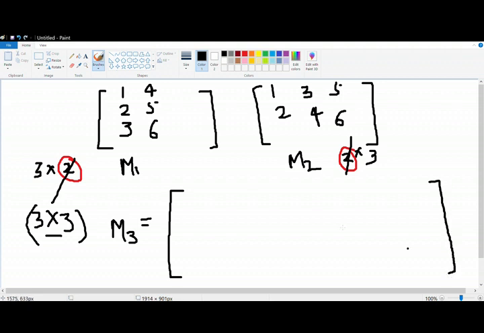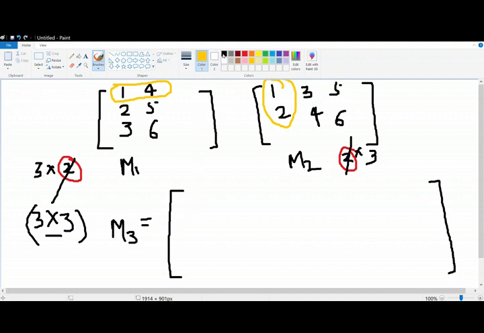The rows of the first matrix will be multiplied by the columns of the second. Suppose I want to calculate the R1 C1 element.